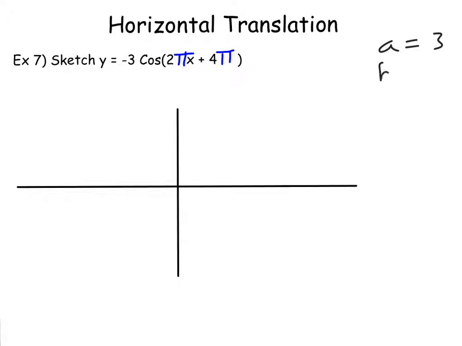Let's get into B. Interesting here. B is 2 pi. We haven't seen this before, but we're actually going to see it a whole lot more. Okay? B is 2 pi. So following our formula, 2 pi divided by 2 pi is 1.